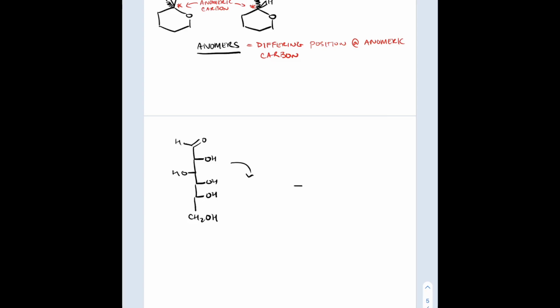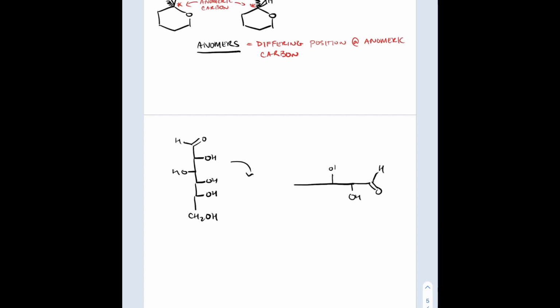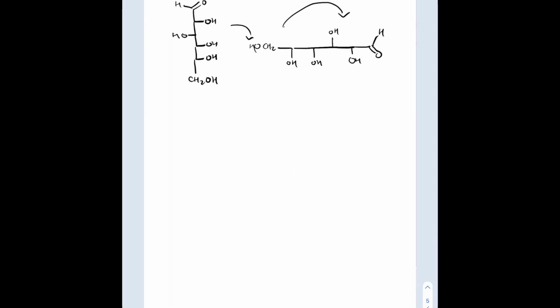So I hope you understand what I mean when I say a carbonyl group that is attacked by a hydroxyl group. First we have a Fischer projection, and then we rotate it 90 degrees. Now the hydroxyl groups that were right, left, right, right are now down, up, down, down, okay? Now we also want to rotate the rest of this sugar chain in a suggestive manner that indicates we're going to form a 6-membered ring.